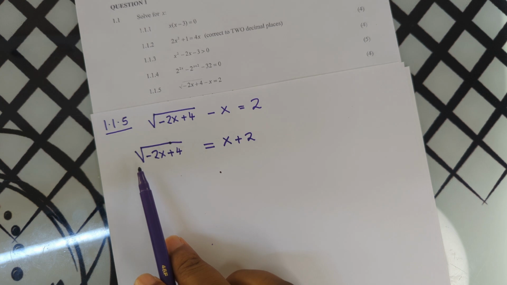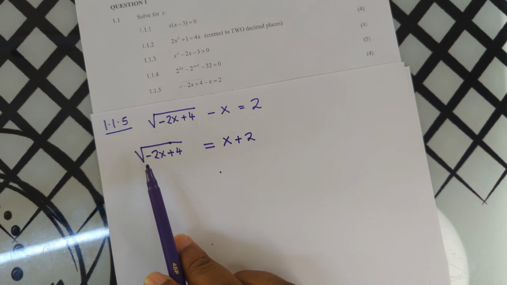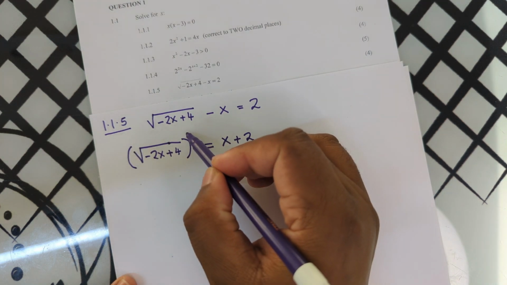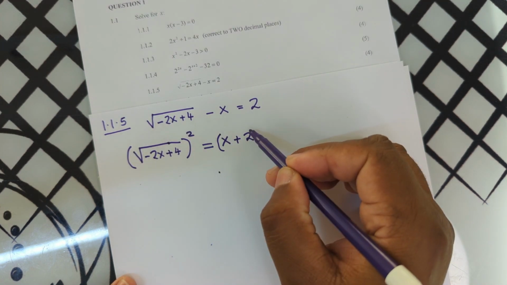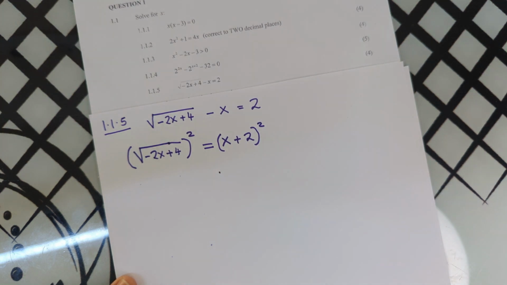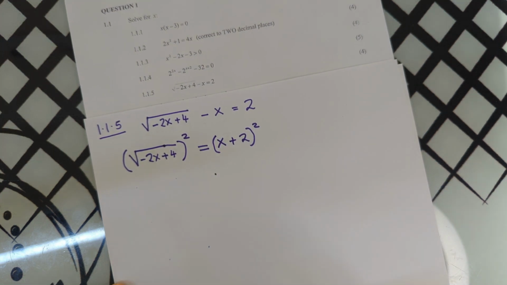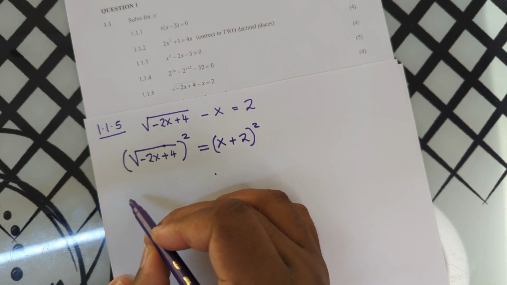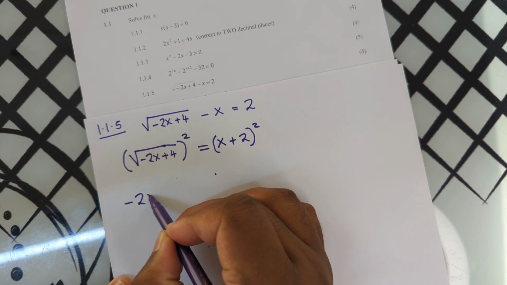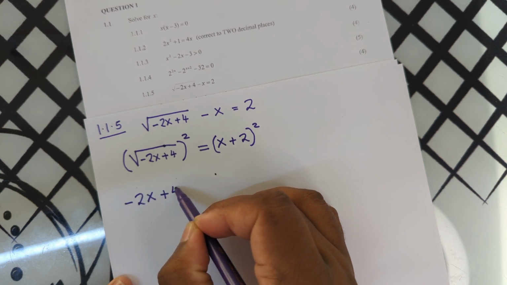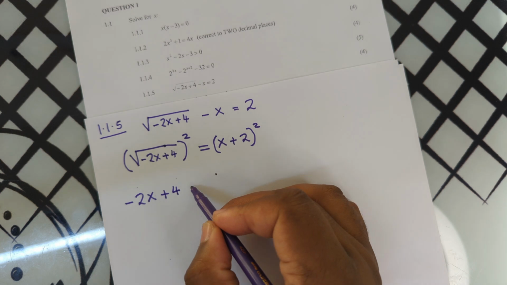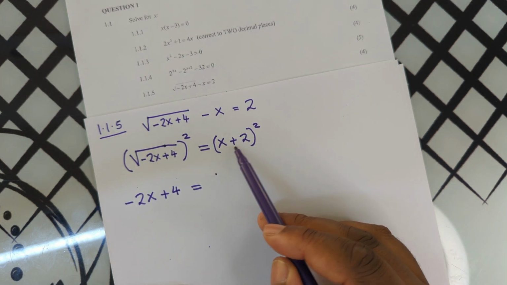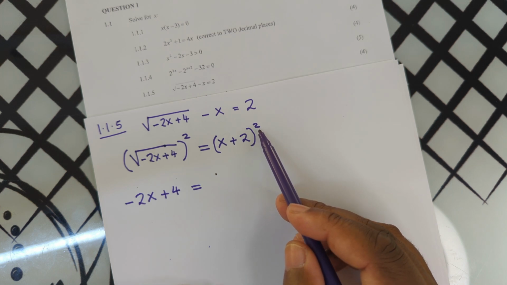Now, how do we get rid of the radical symbol? We have to square both sides, because in this case it is a square root sign, so we have to raise both sides to the power of 2. And squaring the left side simply eliminates the radical sign, so we are going to remain with -2x plus 4 is equal to, now let's expand the right hand side where we have x plus 2 in brackets to the power of 2.